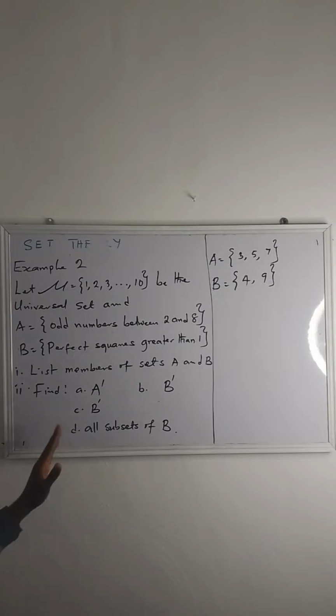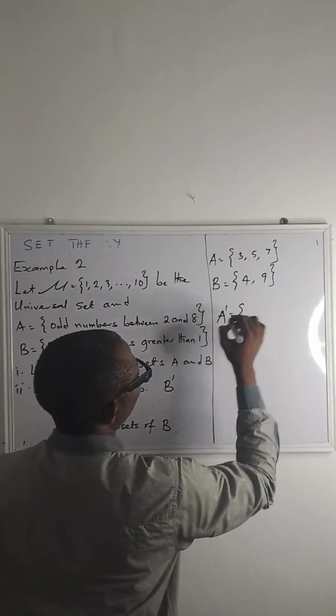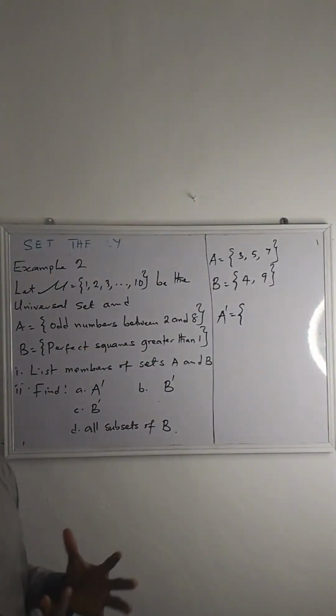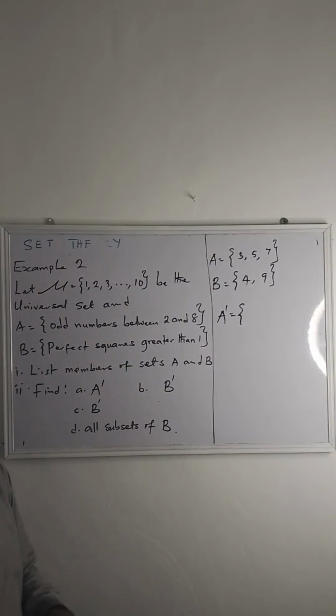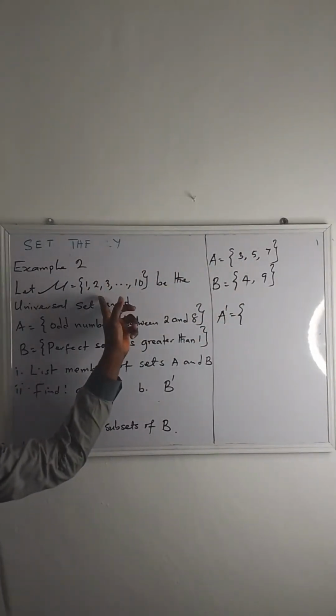So I'm stopping here. Hope you are learning from what we are doing here. All right. Now the next thing is to find A complement. I told you earlier that A complement are those elements that are not in set A, but they are inside the universal set. So now we can go ahead and list A complement, those elements that are not in A but are in the universal set.